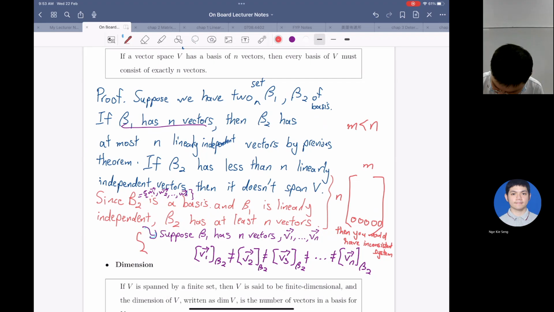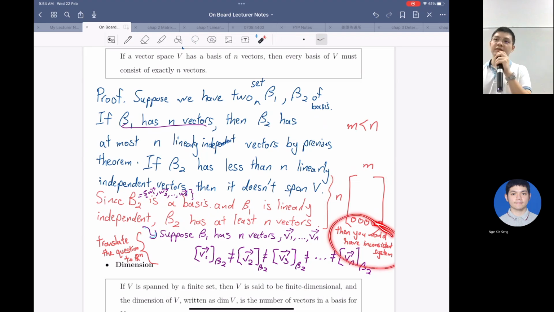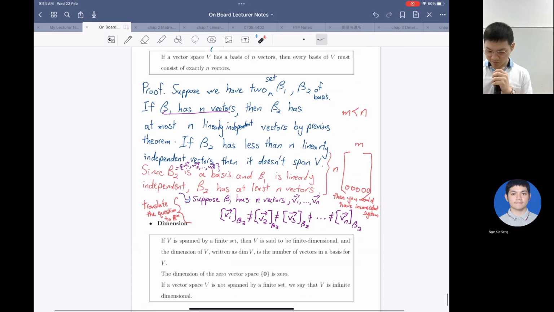So we translate the question to this. If we have less than n vectors in B2, then we cannot express everything in B1, because m is less than n, so we will have an inconsistent system. I will write out the details in the lecture notes later. Just ask if you want.